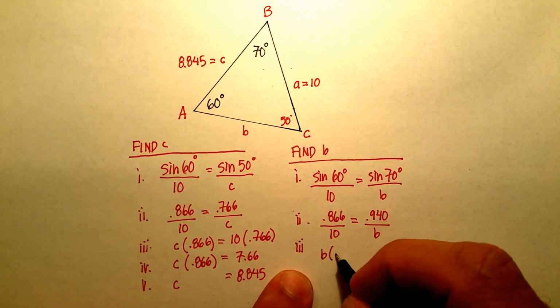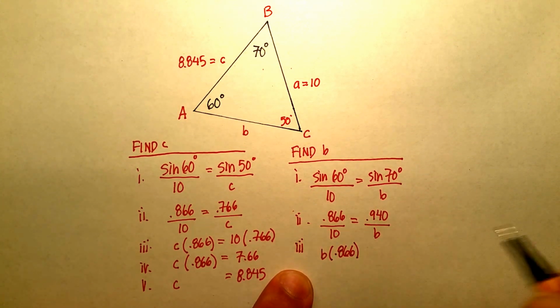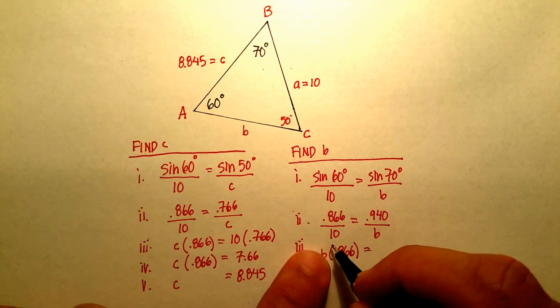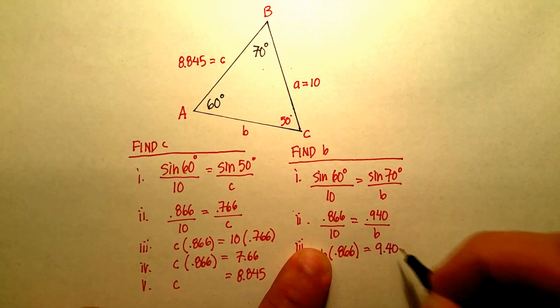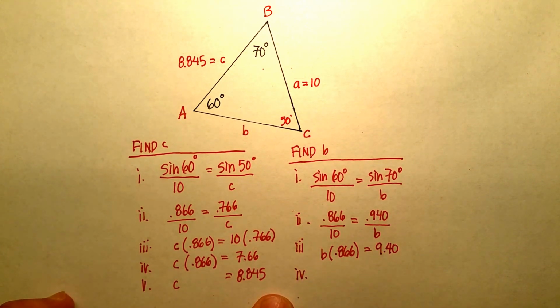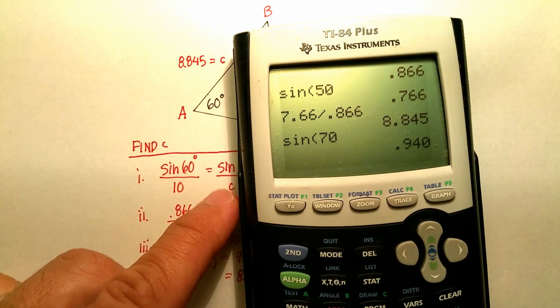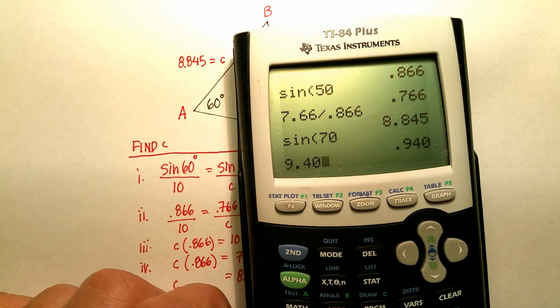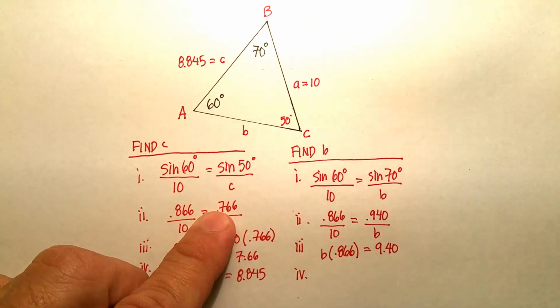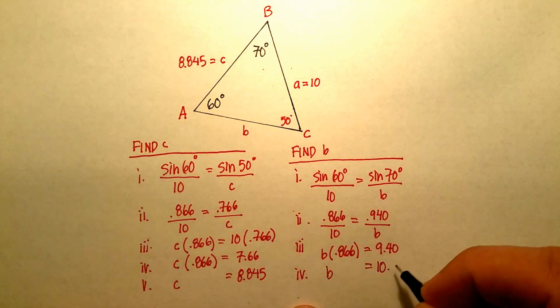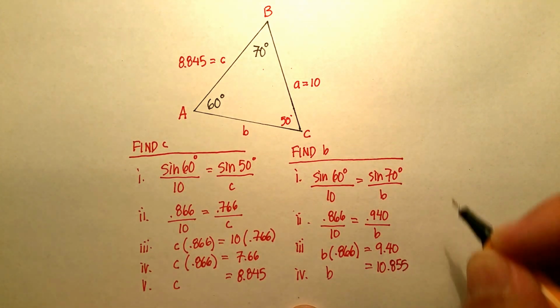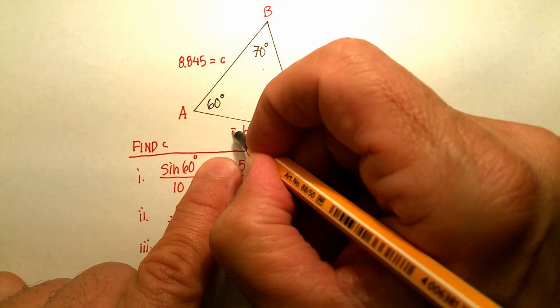It gives me B times 0.866 is equal to 10 times 0.940, which is 9.40. Let's divide both sides by 0.866. 9.40 divided by 0.866, and I get 10.855. And there he is.